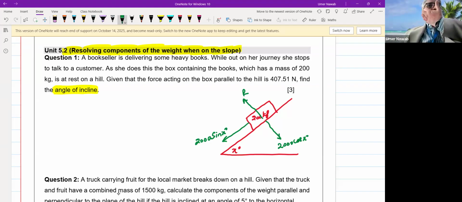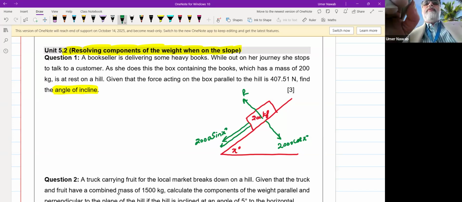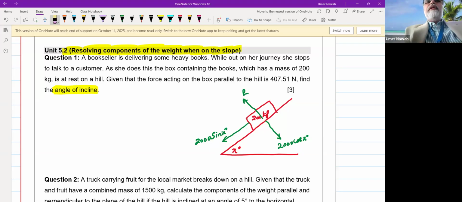Okay, the force which she is applying is given as the force acting on the box parallel to the hill, 407.51. In this particular case, she is applying a force in the upward direction so as not to let it go down. So she is applying 407.51. Clear?